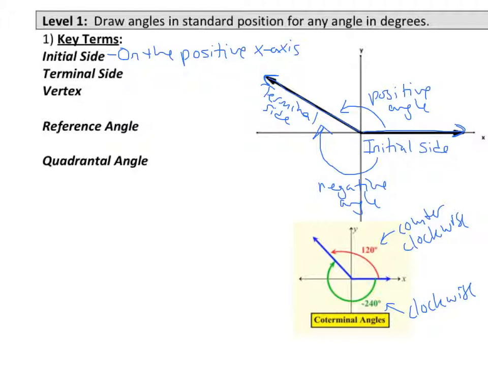So back to our definitions, the terminal side is just the other ray. The vertex is at the origin for all angles in standard position. A reference angle is the acute angle.